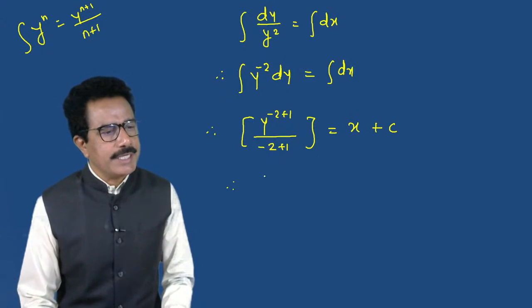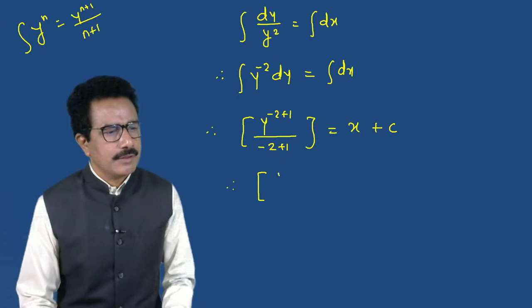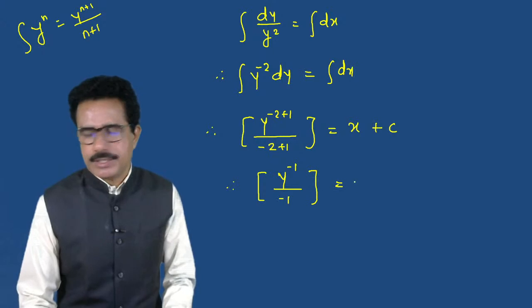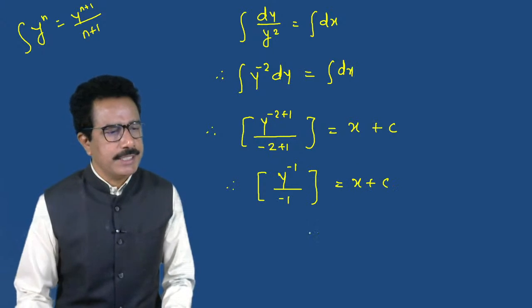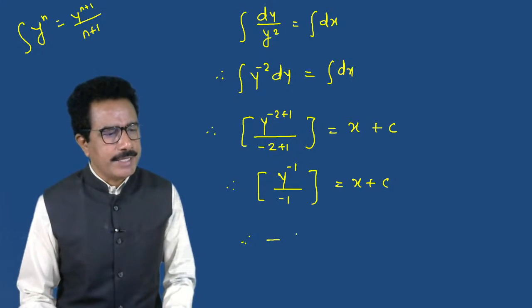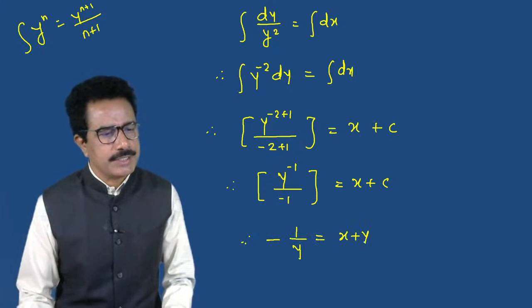So y raised to minus 1 divided by minus 1 equals x plus c. So minus 1 upon y equals x plus c.